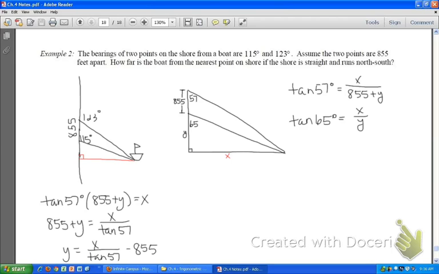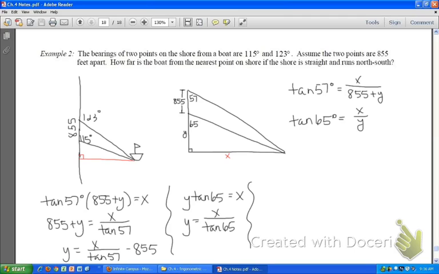For the other one, if I were to multiply up by y, I would have y tangent of 65 equals x, and then to get y alone, y equals x divided by the tangent of 65. Now I've got two things that are y, so I can set them equal to each other, right?